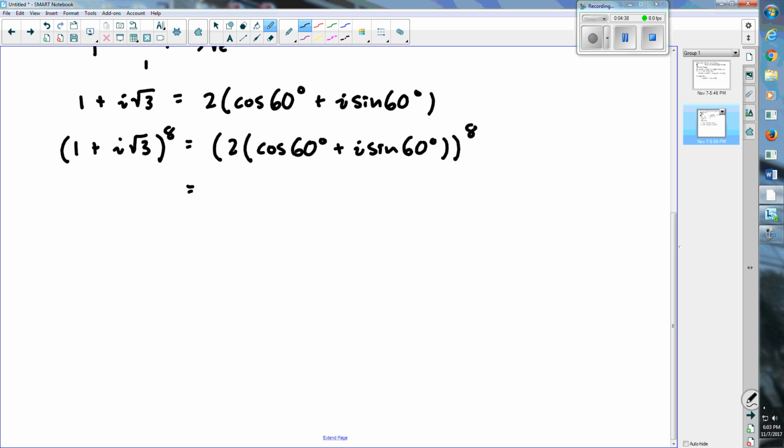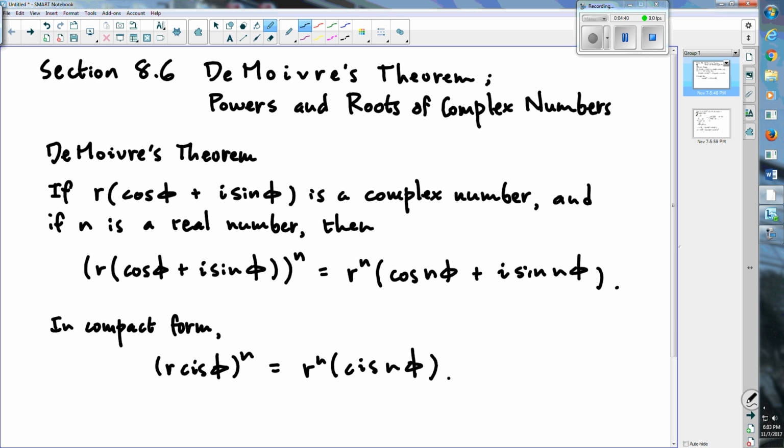Now, DeMoivre's theorem says, if we go back and take a quick look at it, it says here that I can raise r to the n, so that's my 2 I can raise to the 8th power, and then these n's here I can just include as coefficients to the angle. So they're going to be 8s also. So let me erase these quickly, these marks I just made, and go back to the last screen.